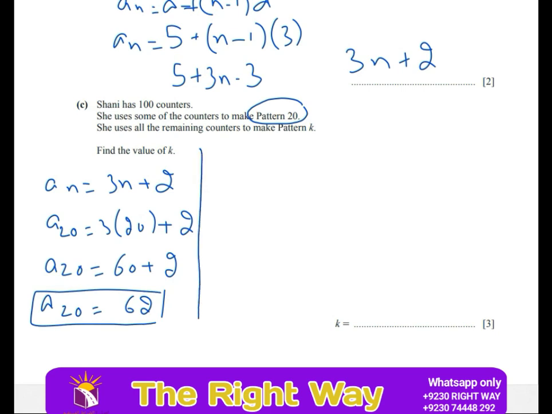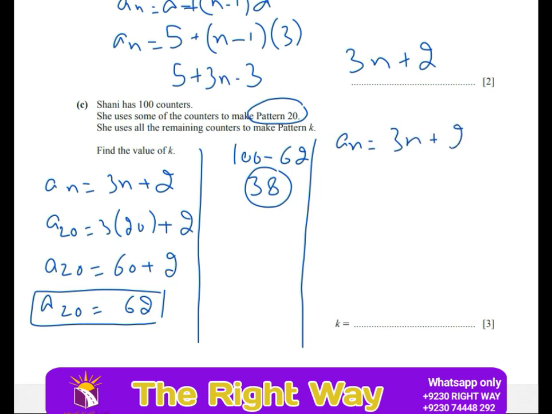For the 20th pattern, how many counters are used? 62 counters. How many remaining counters are there? So 100 minus 62, 38 counters are remaining. And for this 38, I am going to find the number of patterns formed with the help of 38 counters. So an is equal to 3n plus 2.